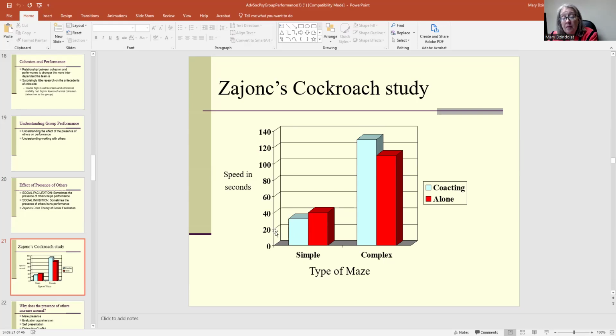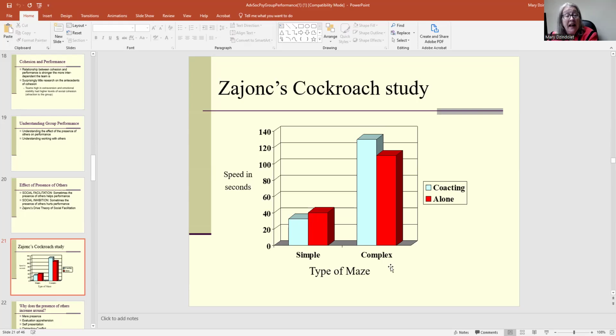So the quicker you are, the better you are. And you can see when they were running the maze and there were other cockroaches in the maze, or a cockroach at the top in a glass case that could see them, so the cockroaches in the maze could see that a cockroach is watching them, they were faster than if they were put in the maze alone.